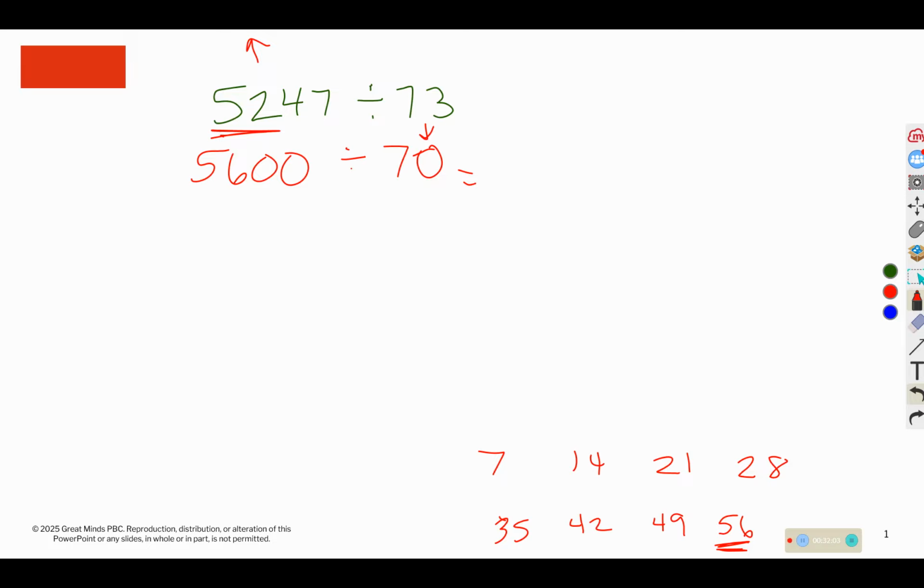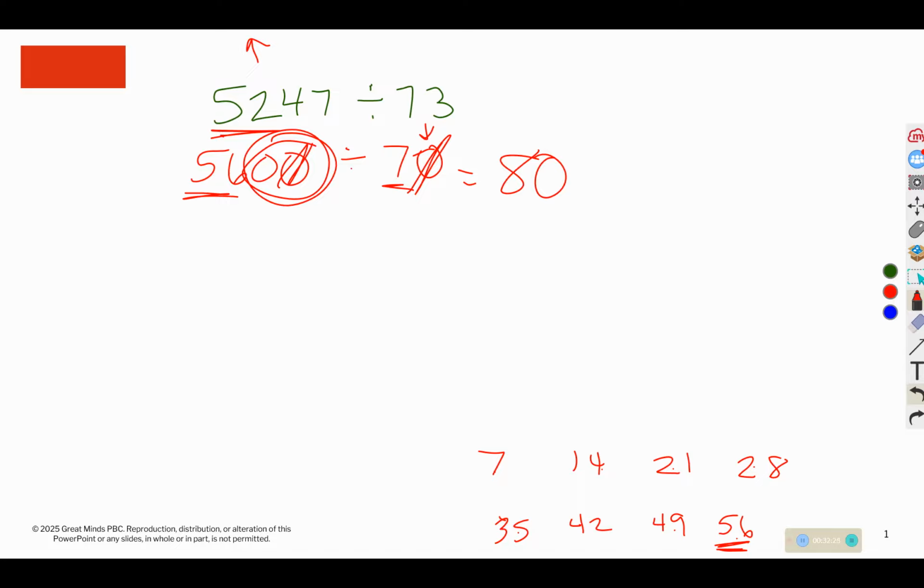Well, 56 divided by 7, that was the 1, 2, 3, 4, 5, 6, 7, 8th one. And there were 2 zeros here, but we divide out a 0. So we still have 1. So it's approximately 80.